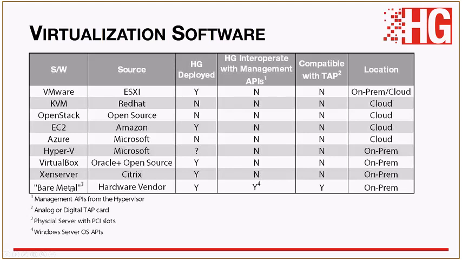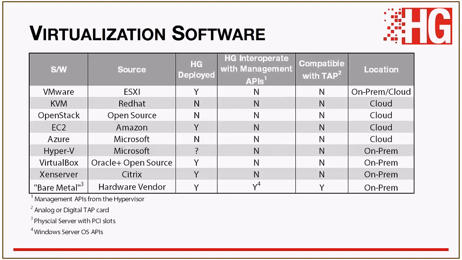The thing that is important to remember is that we don't necessarily have to integrate with the management APIs, the hypervisor APIs. We just literally live in our own little virtual machine, and we operate within our environment based on the Windows Server OS APIs inside that virtual machine. The obvious exception to that is bare metal.